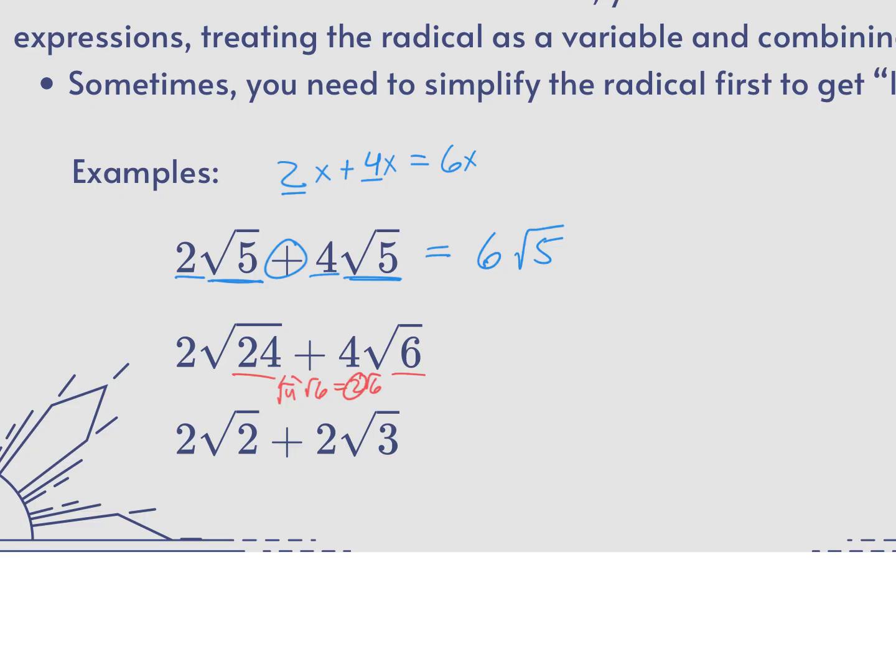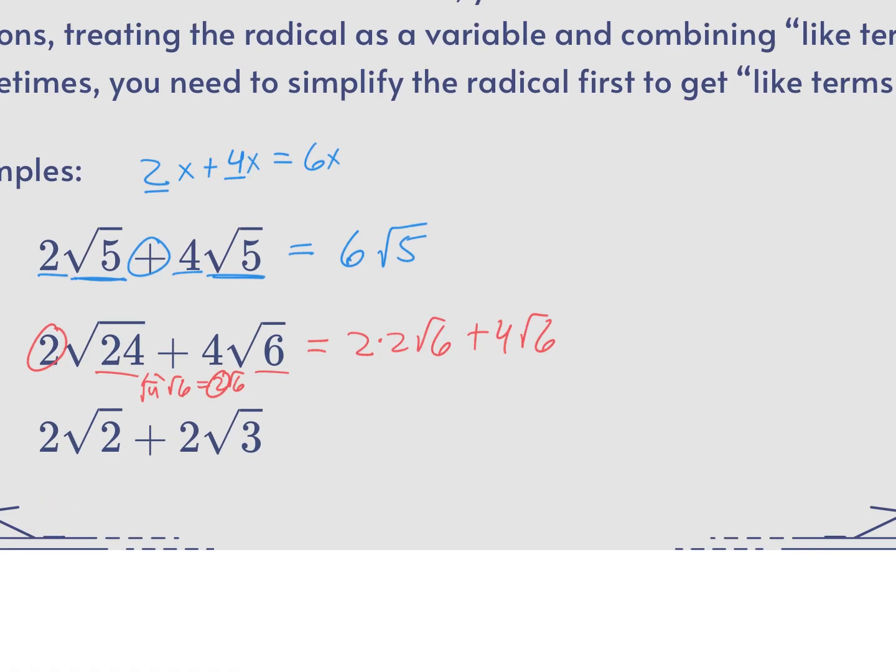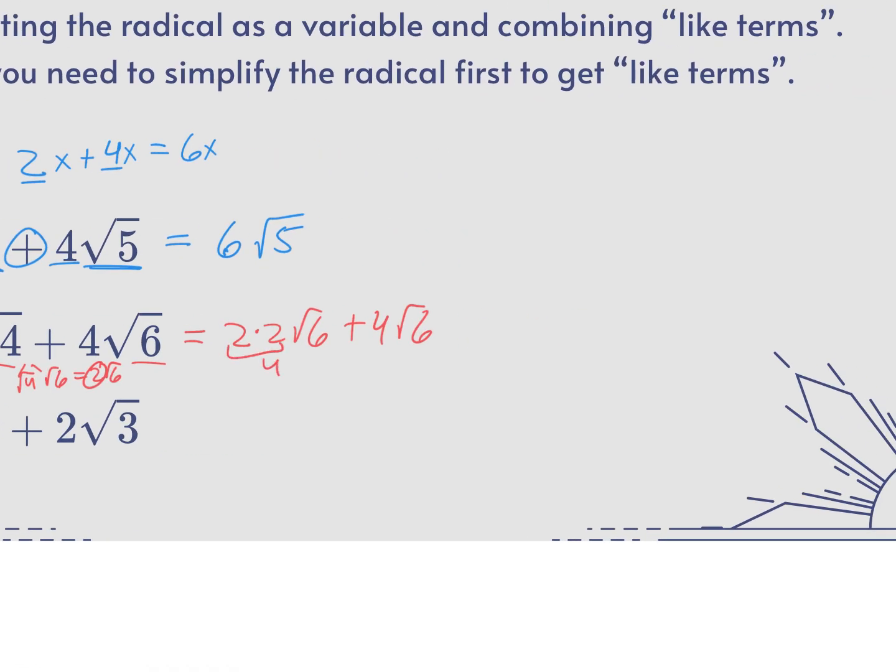Then this 2 and this 2 out front are going to multiply, so this is 2 times 2 square root of 6, plus 4 square root of 6. This is going to be 4 square root of 6 plus 4 square root of 6.